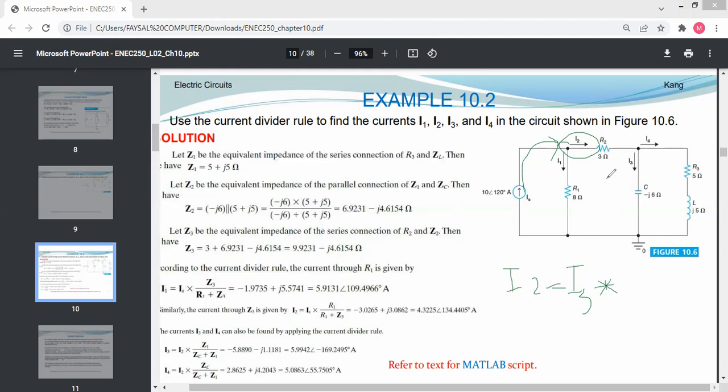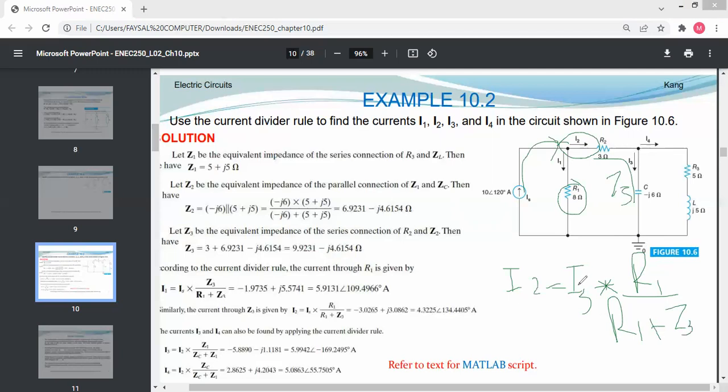Now there are two things. First is my R1 here, and for here it is Z3. So first I have taken this value, R1 divided by R1 plus Z3 in parallel.